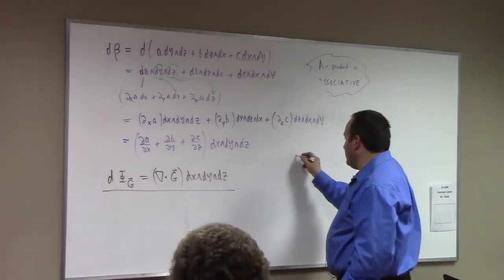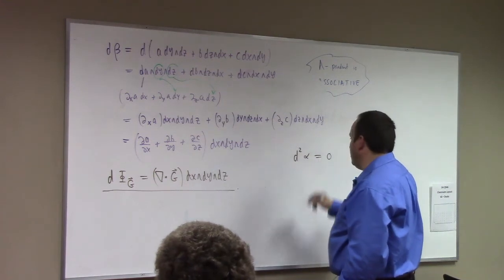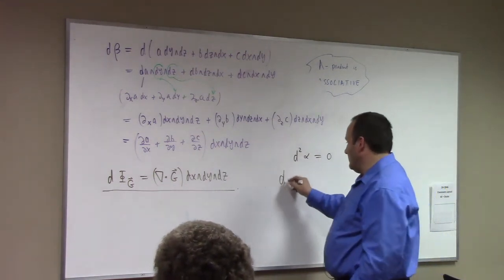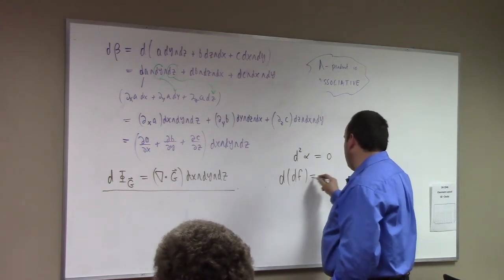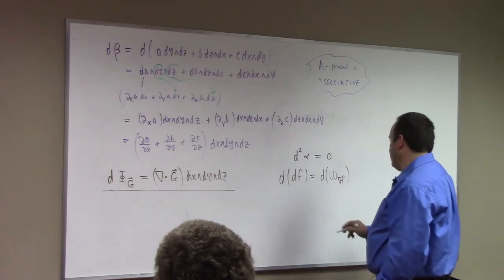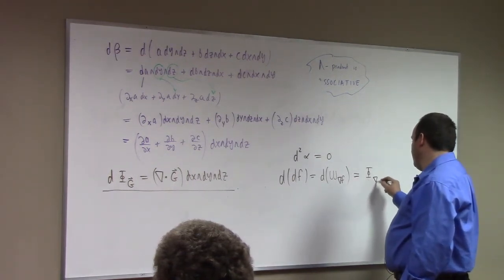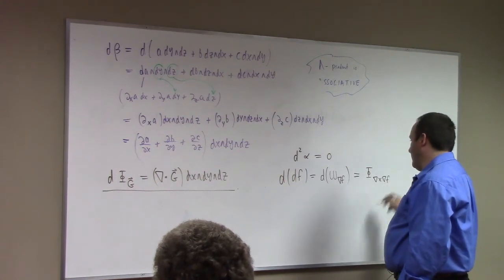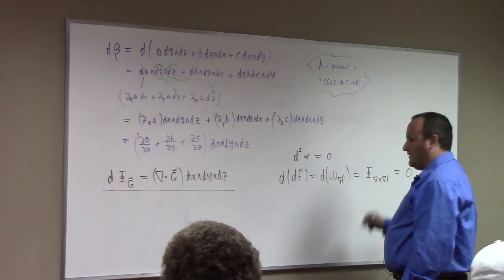By the way, you can prove in general that d squared on anything is 0. So when you look at d of df, we get d of the work form of the gradient, which, by the way, is the flux form of the curl of the gradient. So the fact that d squared is generally equal to 0 gives us that the curl of the gradient is 0.